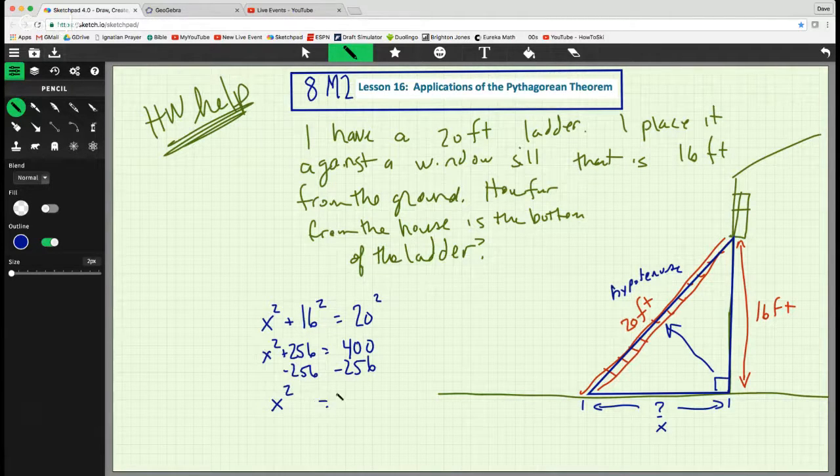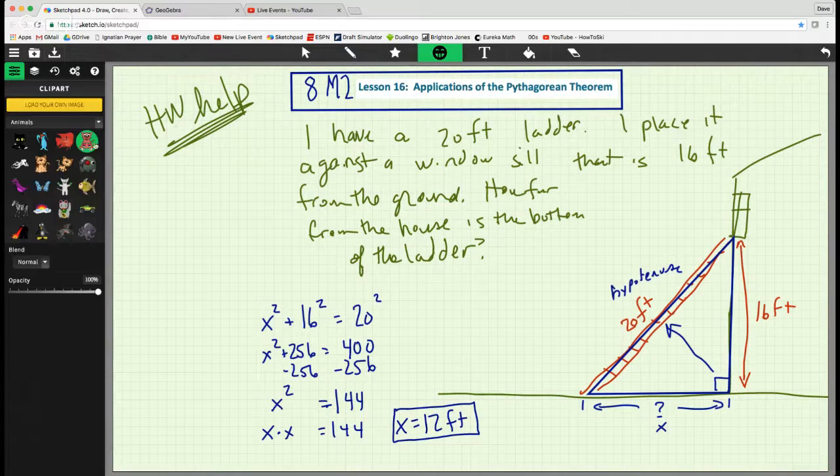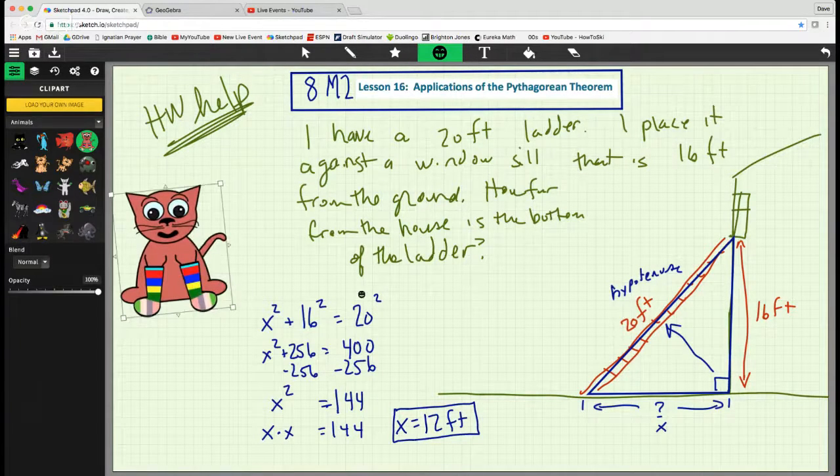We get x squared equals 144. And so the question is, x times x equals 144. What number times itself is 144? Well, our answer is x is 12. And it's feet. Remember, we have to label our answer because it's a word problem. And we're going to put a little happy cat. We'll put some happy cats everywhere.